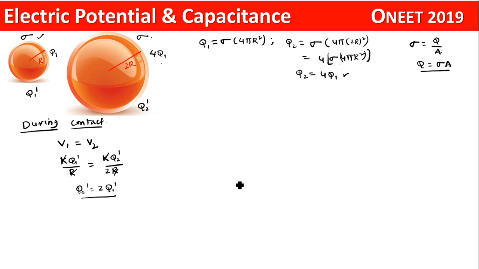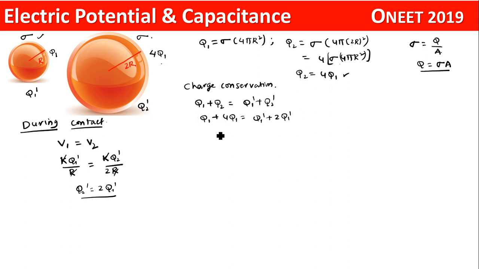One thing is for sure: these two spheres are interacting only with each other, not with any other system, so charge should be conserved. Initially Q1 plus Q2 is equal to finally Q1 dash plus Q2 dash. Keeping everything in single variables, Q2 is 4Q1, and Q1 dash plus Q2 dash is 3 times Q1 dash.